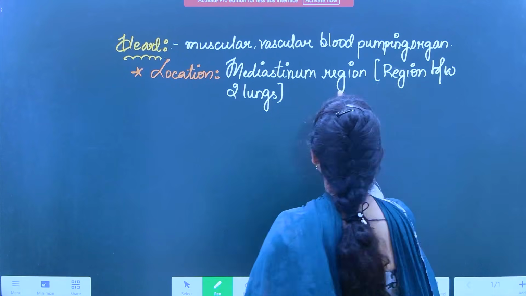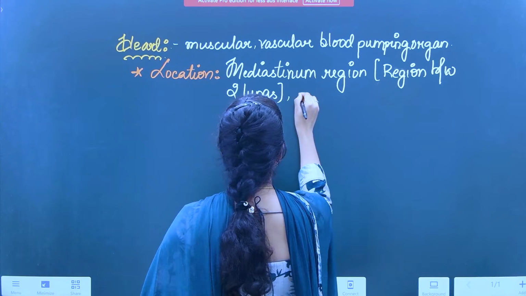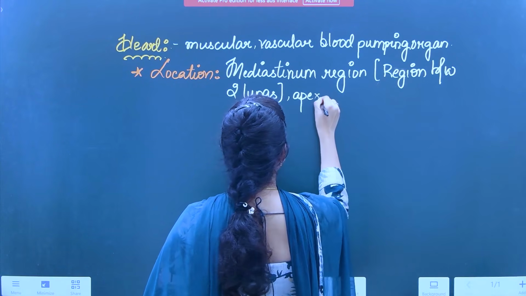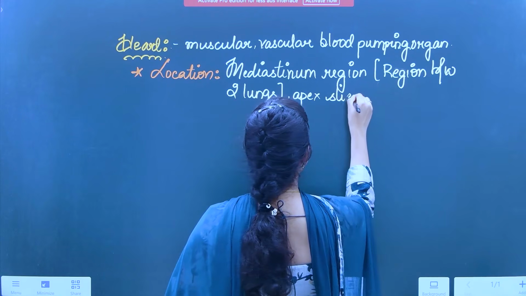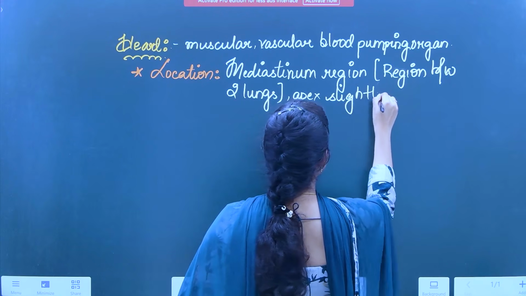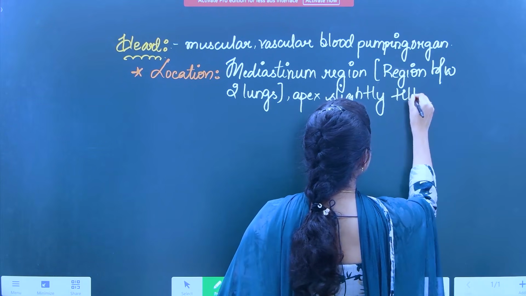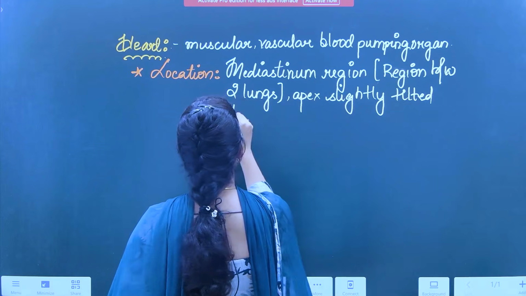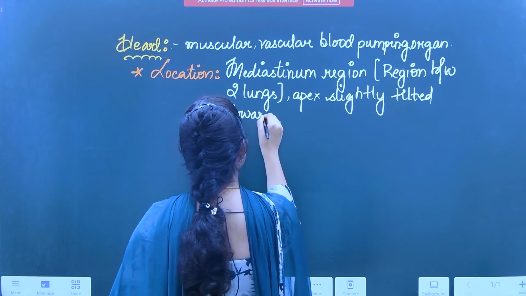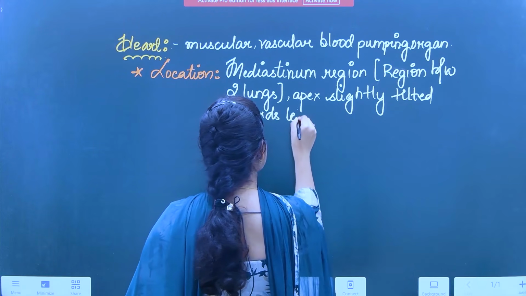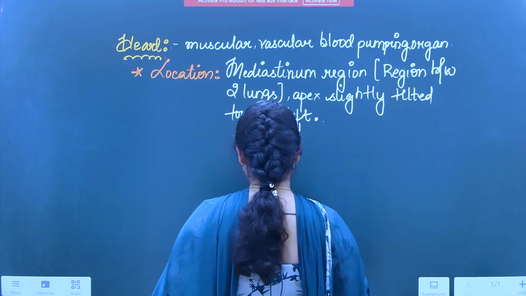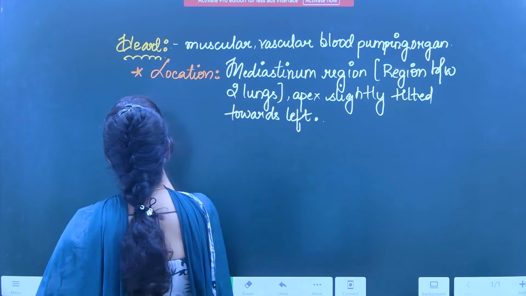Okay, so it is present in the mediastinum region. Apex means the tip slightly tilted towards left. Okay, next what do we talk about?